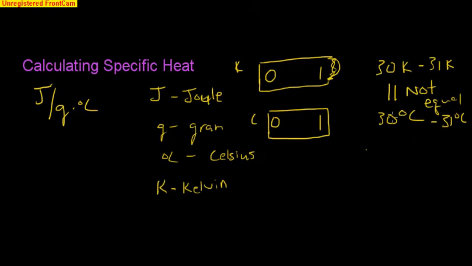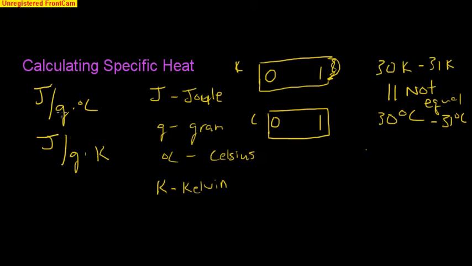Maybe this is a little too much detail, but you may see Kelvin in place of Celsius sometimes. So if you see joules per gram times K, normally you don't put the little degrees symbol on the K, it's just the K.